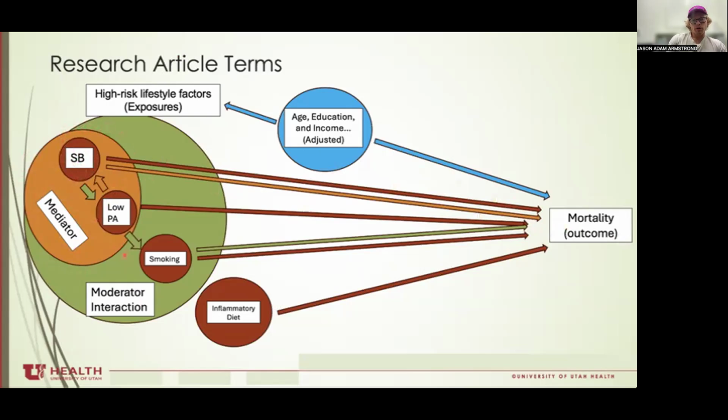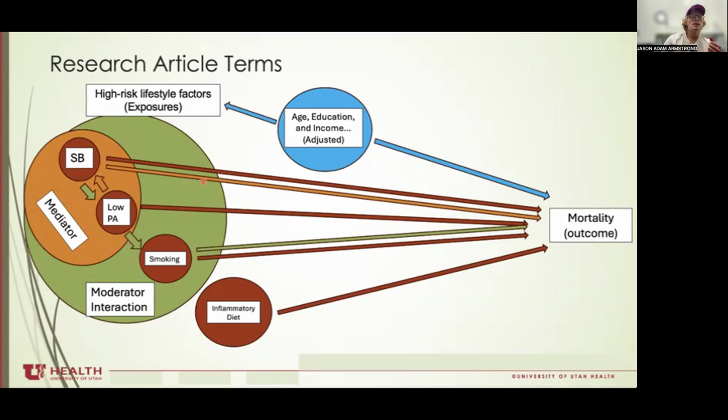What the orange is representing is that if someone has low amounts of physical activity, especially considering that there's a 24-hour movement cycle, by necessity, I am sitting more. Therefore, I would say that low physical activity mediates the association between sedentary behavior and mortality.